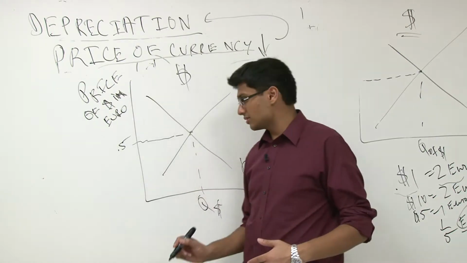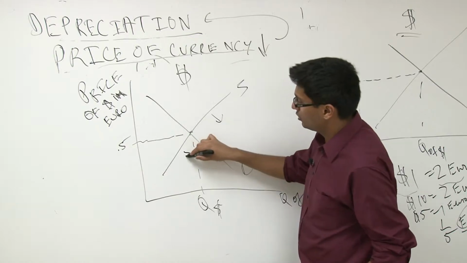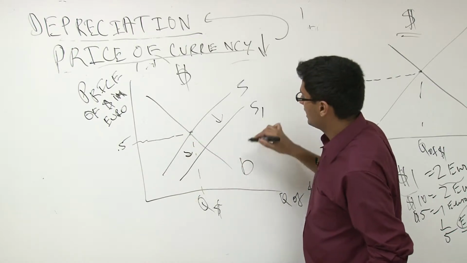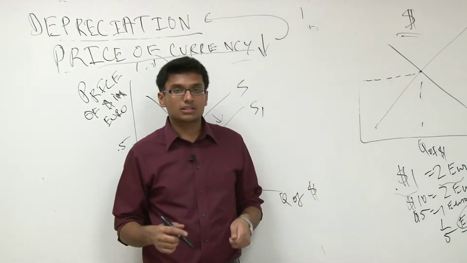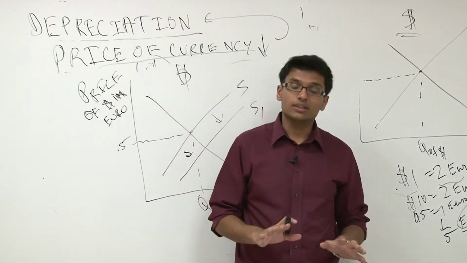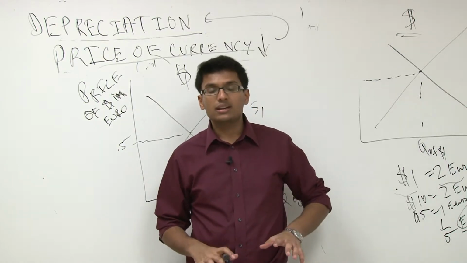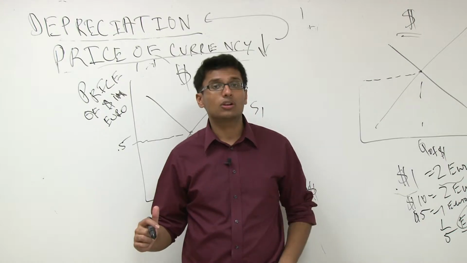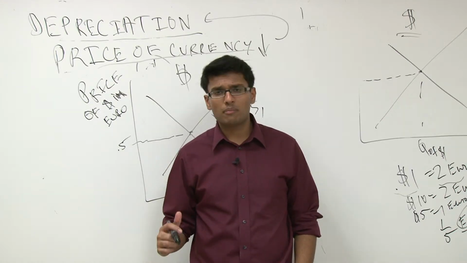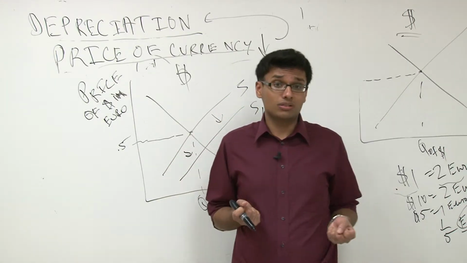So what that does is it shifts the supply of US dollars. Because how does that happen? Because I'm taking my money, which was in a bank account somewhere in the US because I was earning high interest rates and I wanted to keep it there. But I decided that it's time to get back into the euro. So I pull my money out, but someone has to take those dollars out of my bank account.